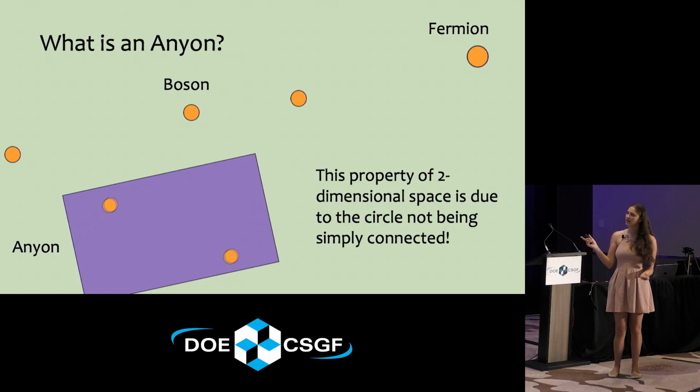So when you have an anyon, if you switch them, they pick up a phase like the fermions. You switch them back, they still have a phase, and it's switched again. And this can continue to happen every single time you switch them. So as you're rotating around, you can keep track of how many times they've switched places.